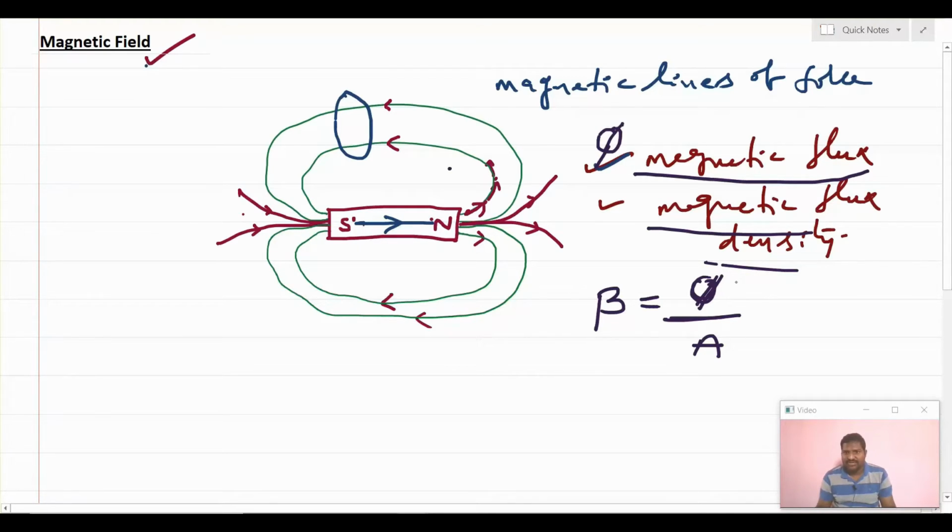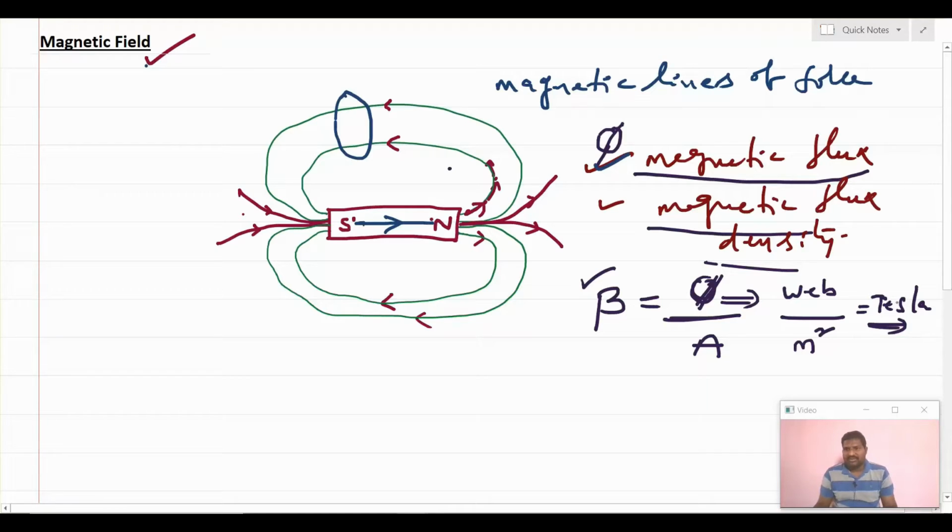The unit for flux is Webers and area will be meter square. So the unit for flux density is Weber per meter square, or 1 Tesla. Tesla is a great scientist's name, who is responsible for AC machines.